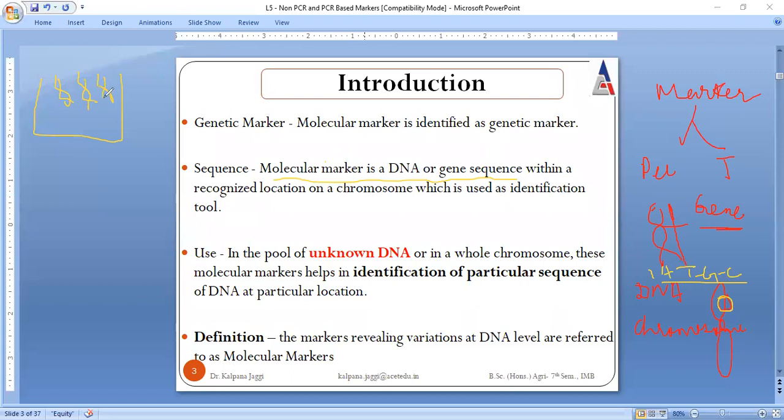This is the pool, and in the pool we have unknown DNA. These are the unknown DNA, right?